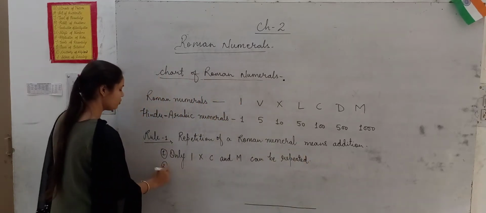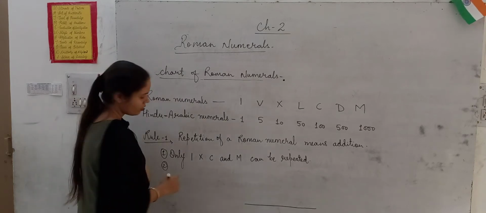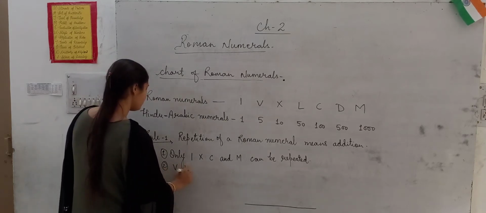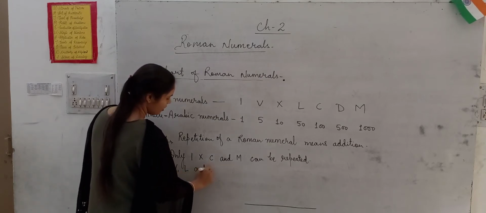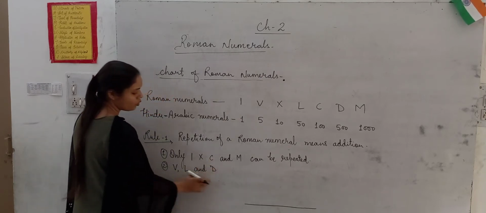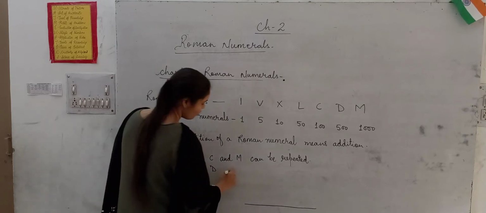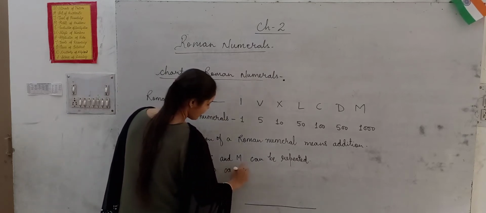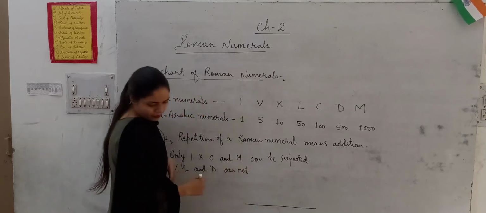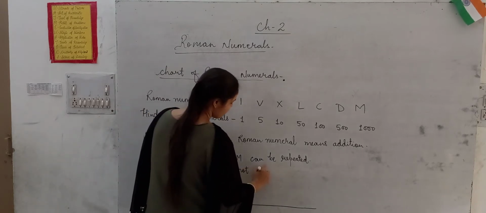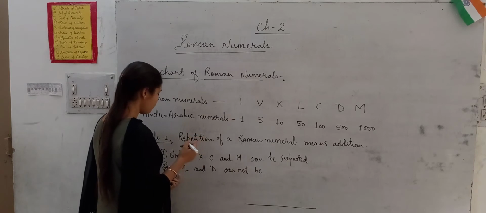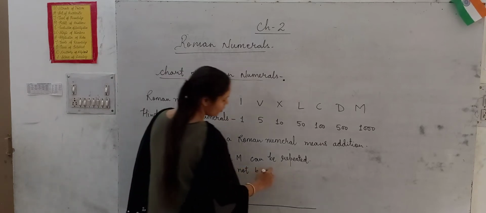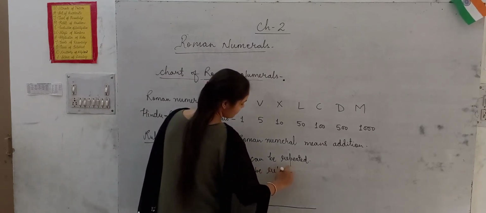Okay, point number 2 is V, L and D. These Roman numerals cannot be repeated. These alphabets in Romans, V, L and D, cannot be repeated.